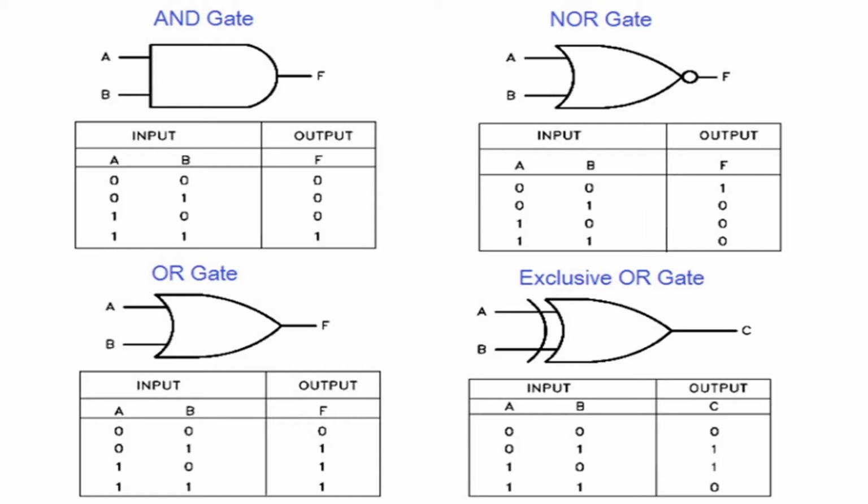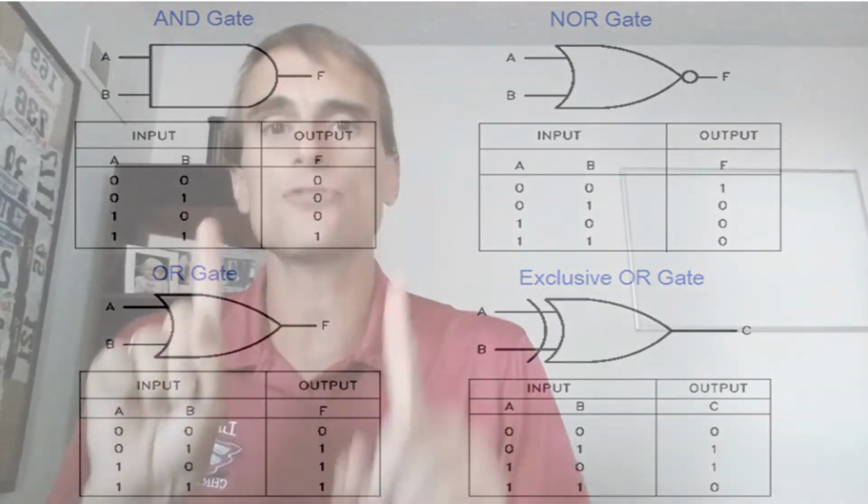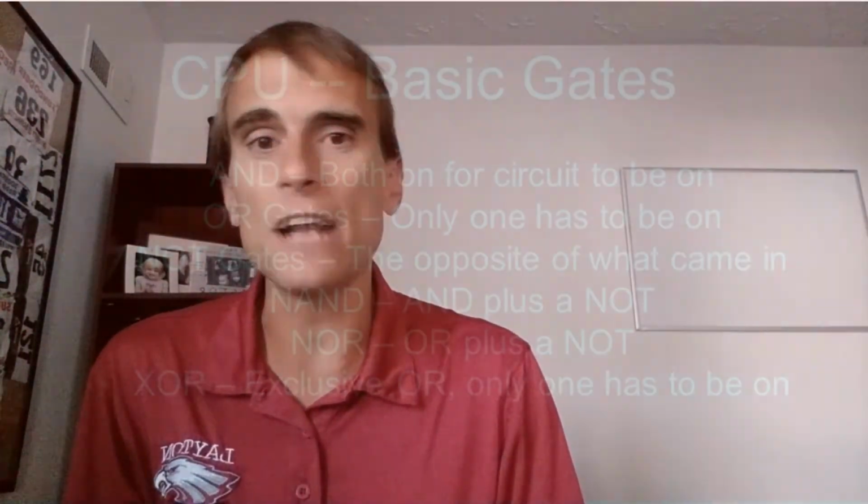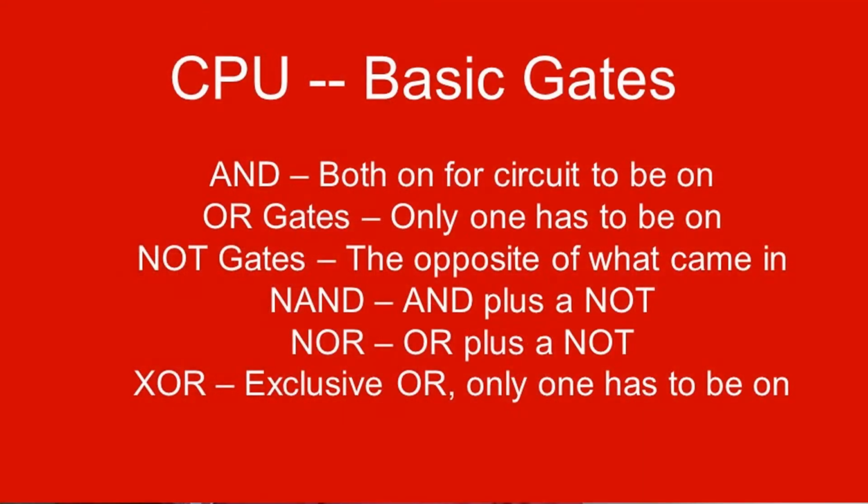The first one is your AND gate. In an AND gate, if both transistors are on, they're wired together so that power comes here, and the output is on. But both of them have to be on. The AND gates are used to add. If you're wanting to do simple addition in a computer, your AND gates are used to add things together.